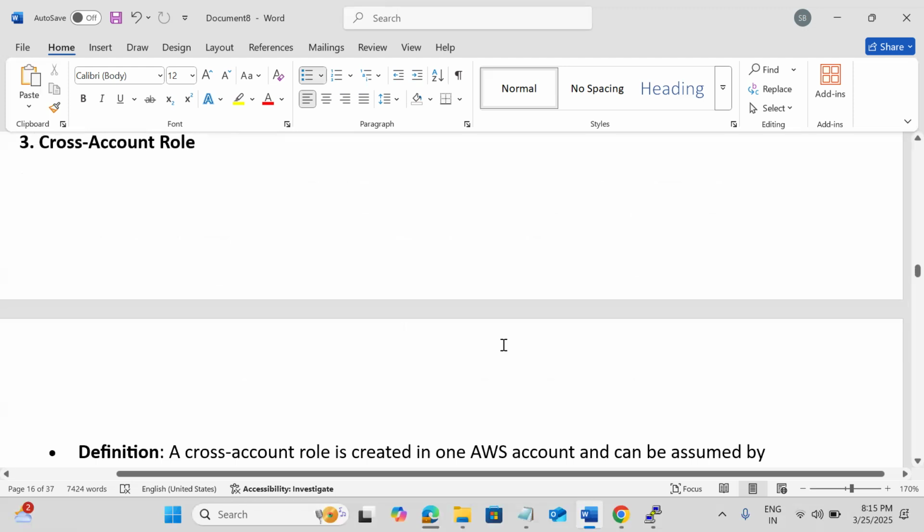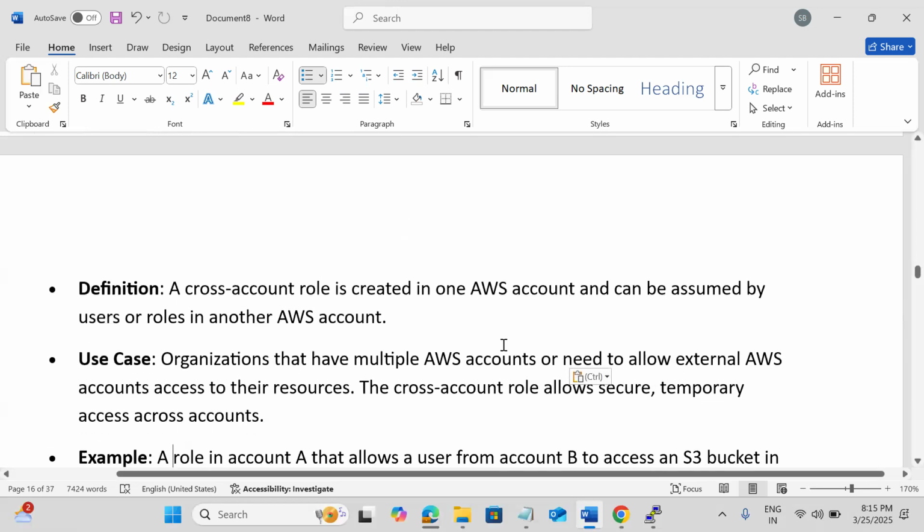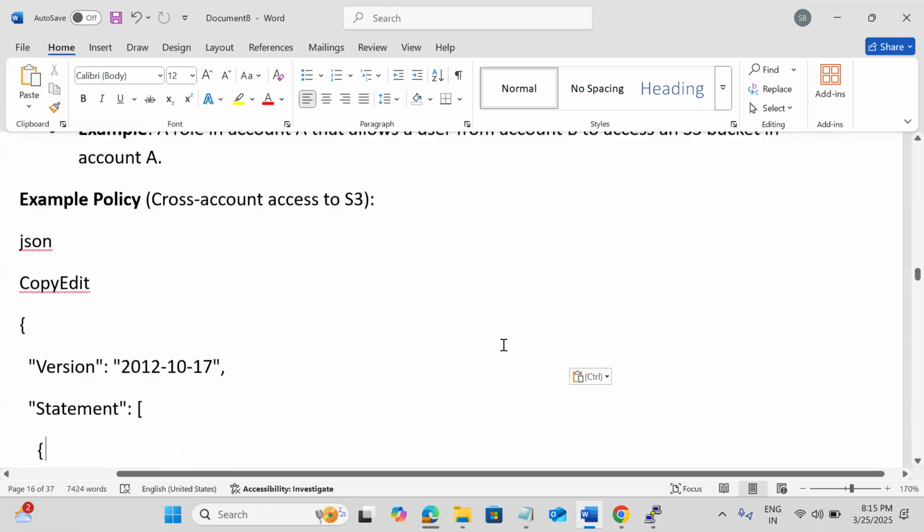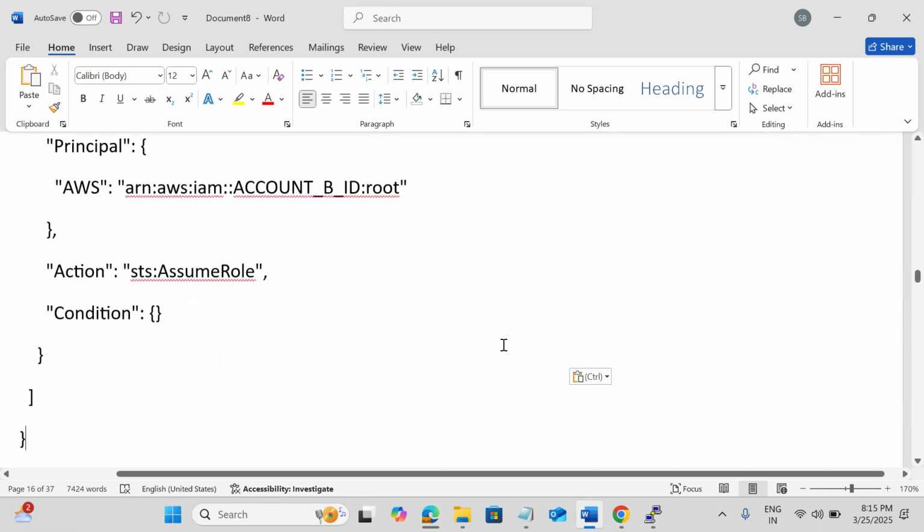Our cross account access: one example is that a developer from another account wants to access our account. We have the S3 bucket, and for this I want to give them access, or give it temporarily. For this, we give their account B ID, root. In S3 definitely we need this use case.